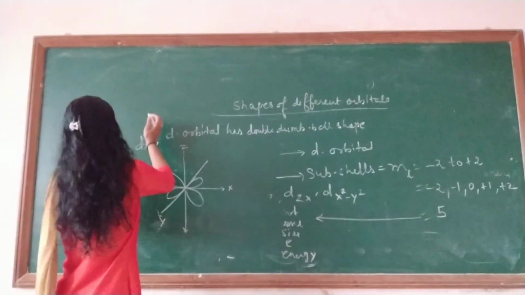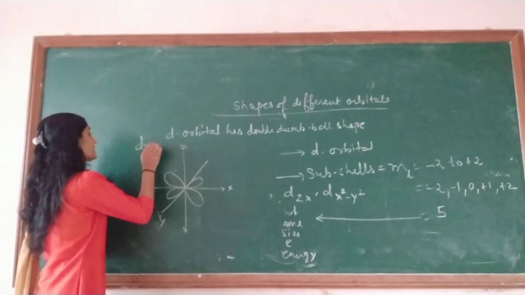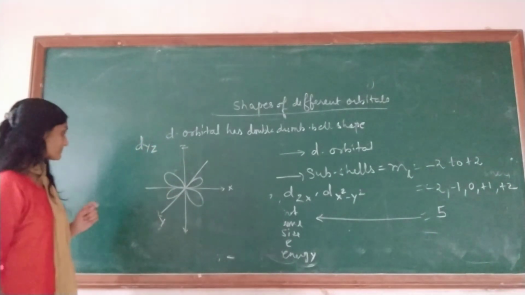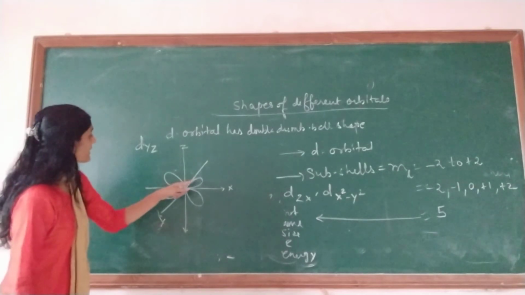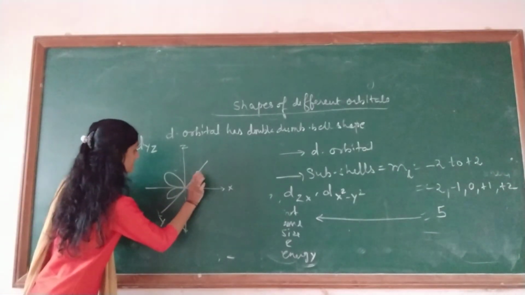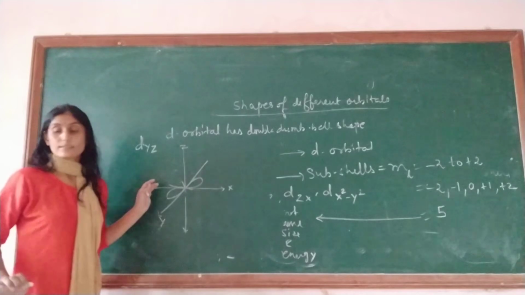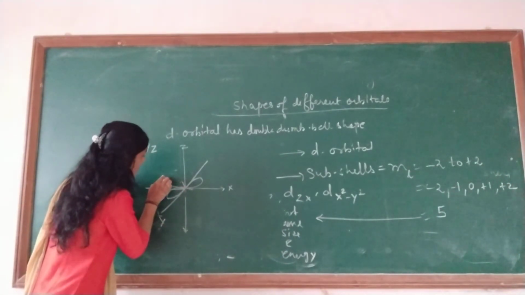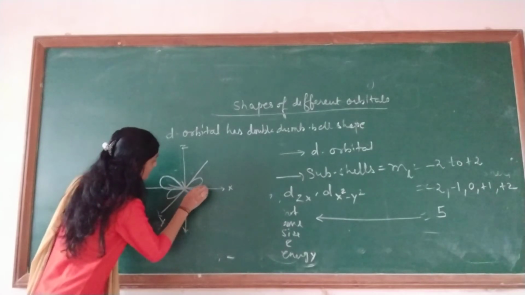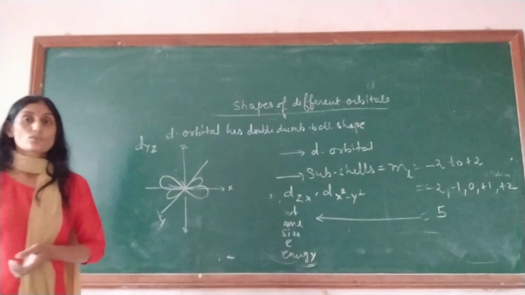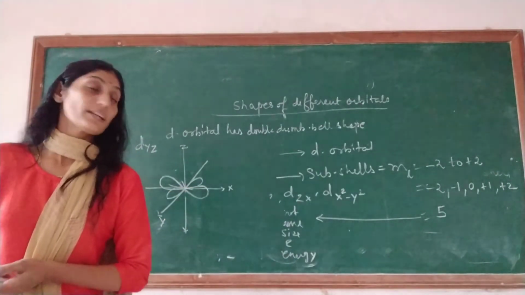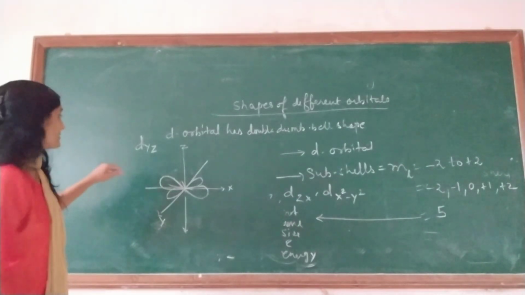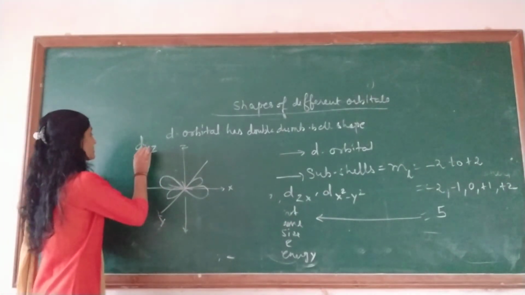Now when we talk about dyz, it remains as it is, but the lobes are now somewhat leaning on the x-axis. So that is the shape for dyz. In the same manner, dxz, now we just draw.